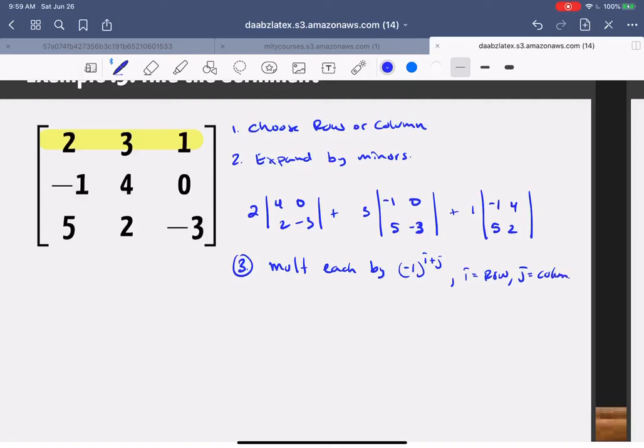In other words, the exact same thing that we did before with the signs. So the first one, here's our 2. That's row 1, column 1. So this would be multiplied by -1 to the 2, so nothing happens to that.